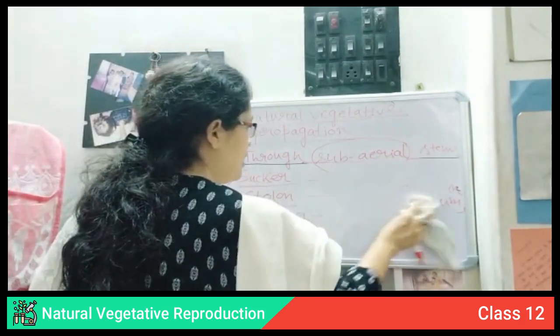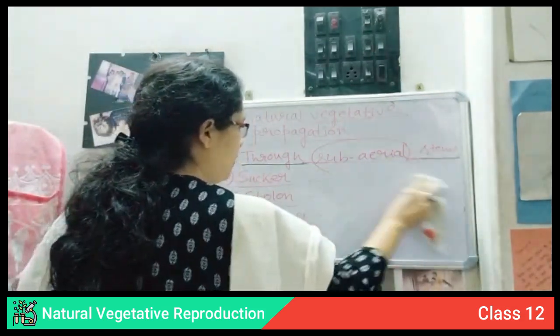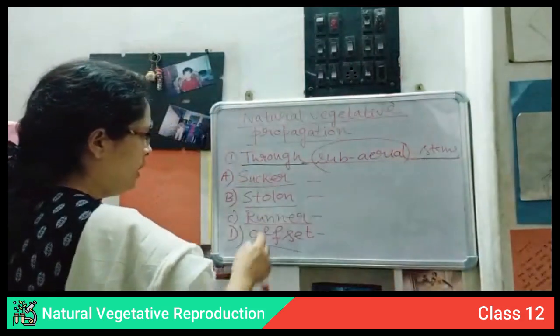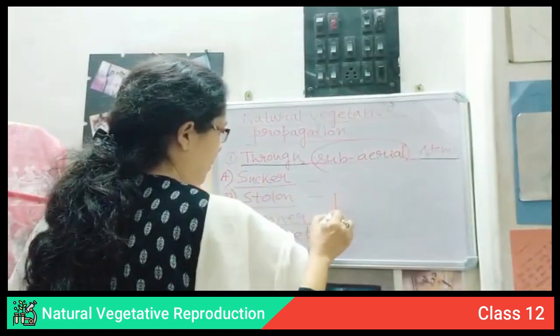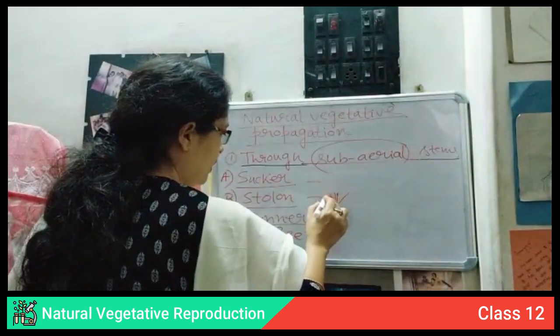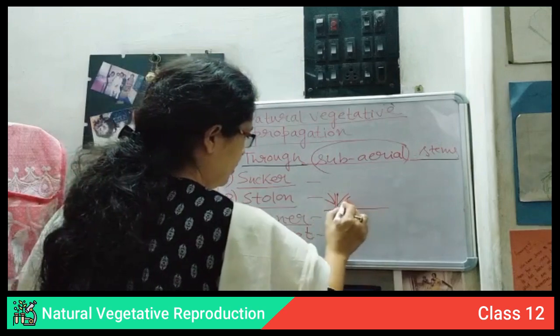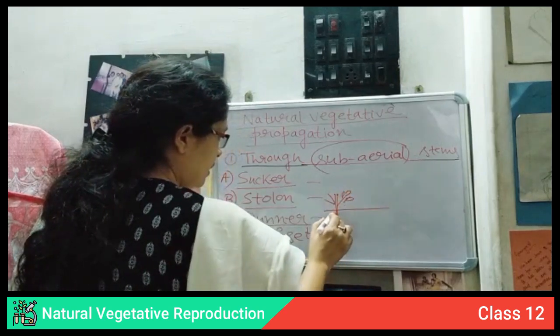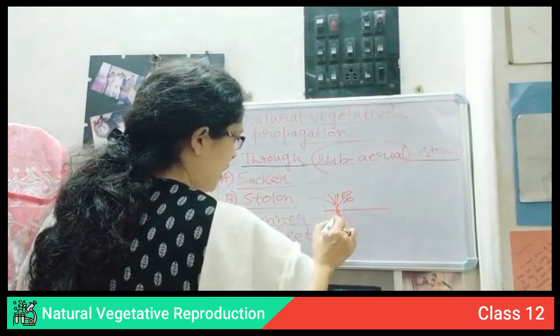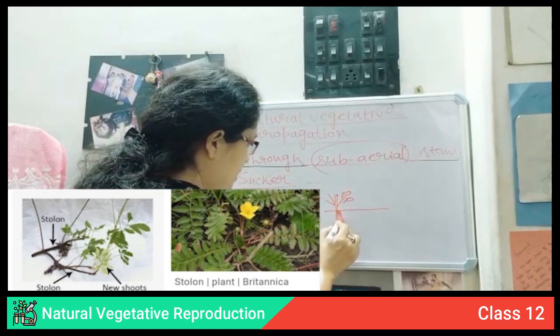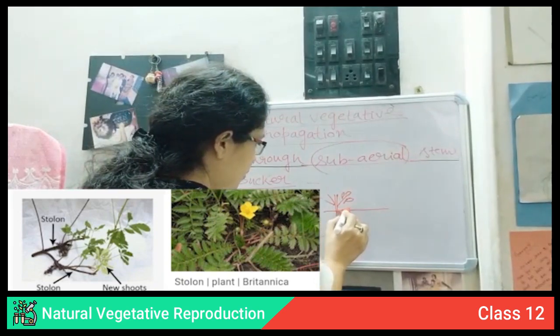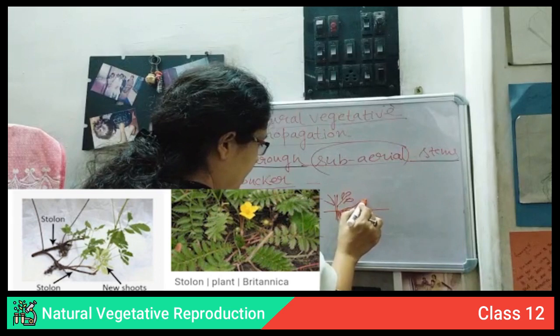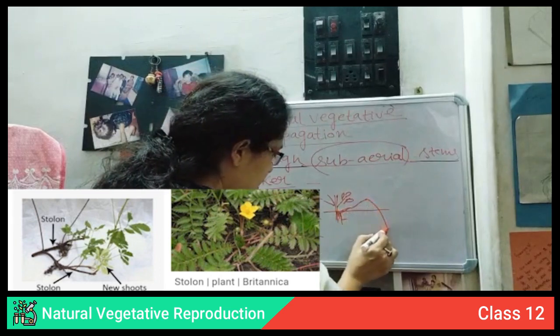Now what is stolon? Stolon is just the opposite of sucker. Here what happened? Some underground plant part first grows obliquely, and suddenly it grows downward.